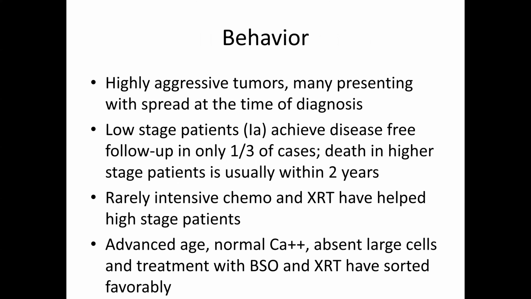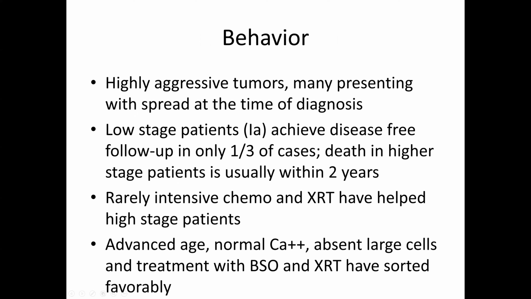Dysgerminoma occasionally, especially if you have very many of the clear cell type cells and so forth. This is a high-grade malignant tumor and may have widespread disease at the time of diagnosis. Even low-stage patients often are dead within 2 years as they don't often achieve a fully disease-free follow-up.